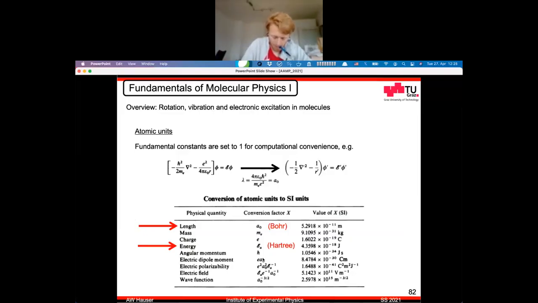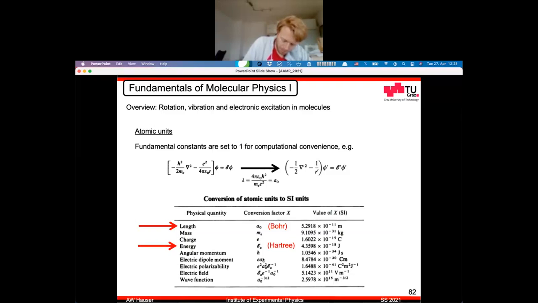We are going to switch to a system called the atomic units. So we switch from the SI to atomic units, which is a pretty straightforward and simple way of getting rid of all the natural constants which appear in our equations.